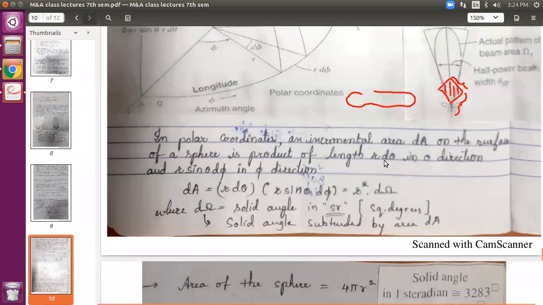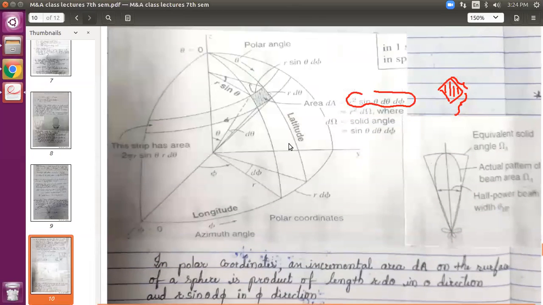Length r d theta. How did I get this r d theta? I hope you can see the cursor on the screen, whatever I am moving, is it visible to all of you, or shall I use the pointer?